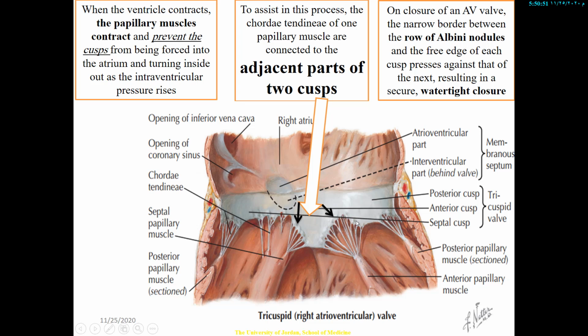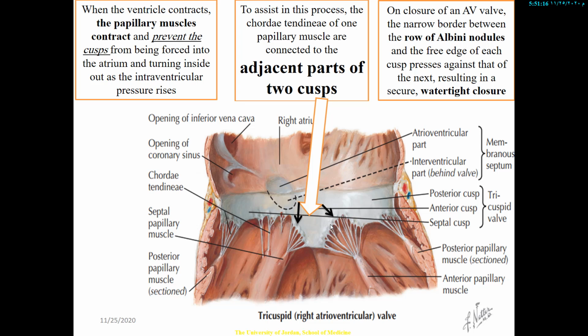If we would take it the other way around, for example, if the papillary muscle were attached to only one cusp, that would mean that any time there is no coordination between the papillary muscles, one of the cusps will prolapse.